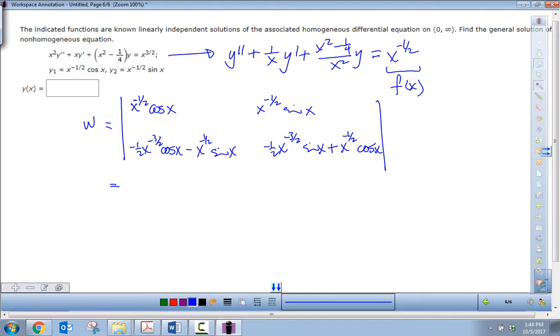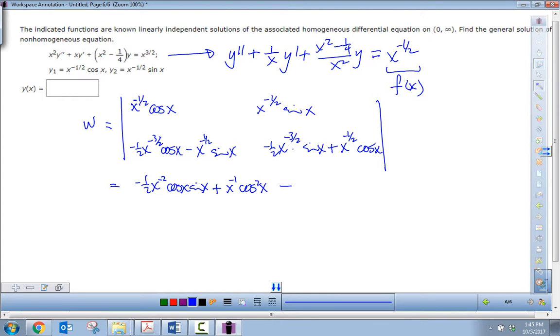So we have to add the powers, right? So this is x to the negative 1/2, x to the negative 3/2, x to the negative 4/2, x to the negative 2. So minus 1/2 x to the negative 2 cosine x sine x, plus x to the negative 1 cosine squared x.